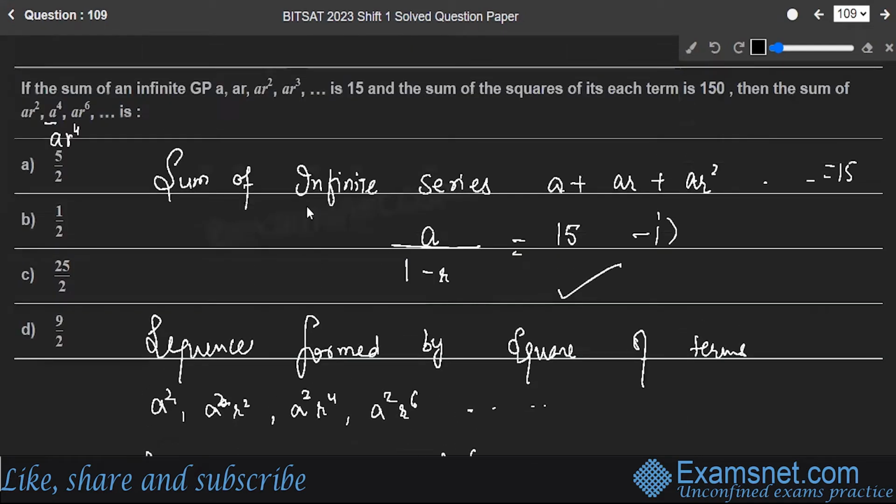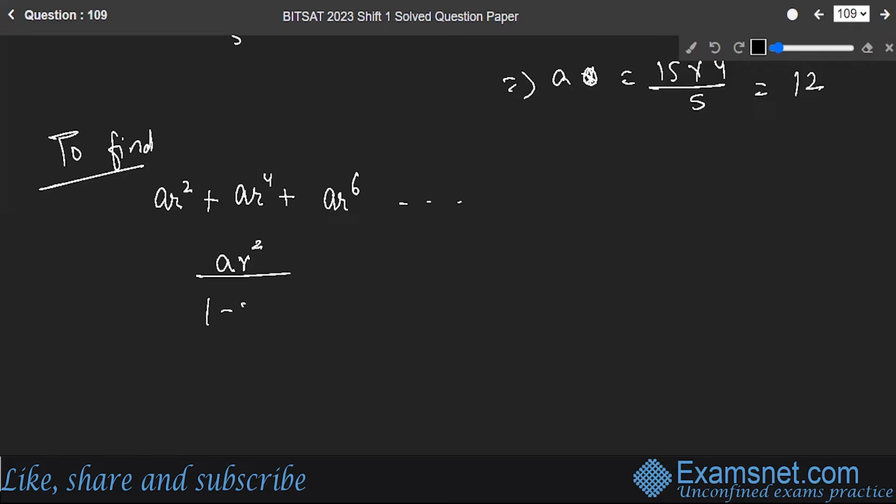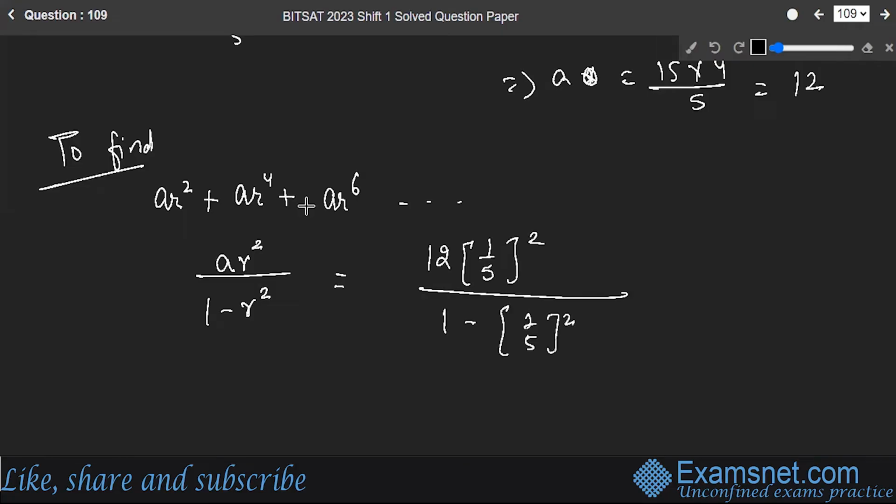Now what we had to find out was the sum of this series, AR square plus AR power 4 plus AR power 6, and so on. So the sum will be given by first term divided by 1 minus common ratio. Now let's fill in the values. You have a as this, r as 1 by 5 whole square, divided by 1 minus 1 by 5 whole square.